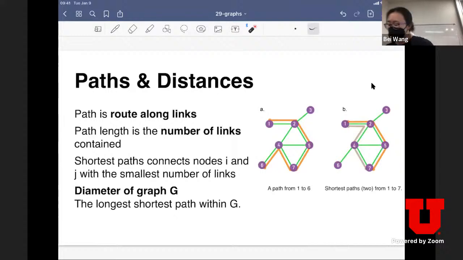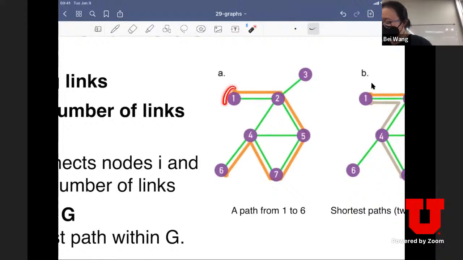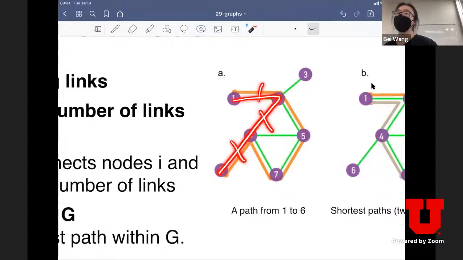Okay. So for example, in this case, if I want to go from node 1 to node 6 in the undirected case, I can go from here, and this is a path of 1, 2, 3, 4, 5, a path of length 5. But I can also go from here, and this path has a length of 3. So this is the shortest path between 1 and 6.